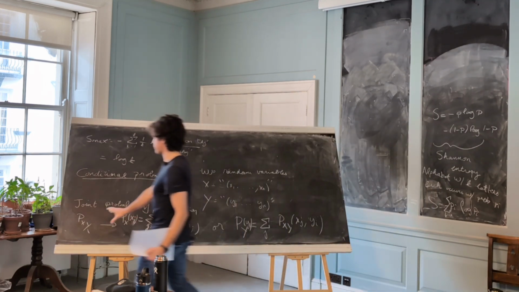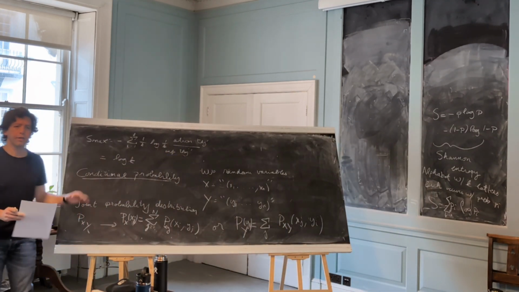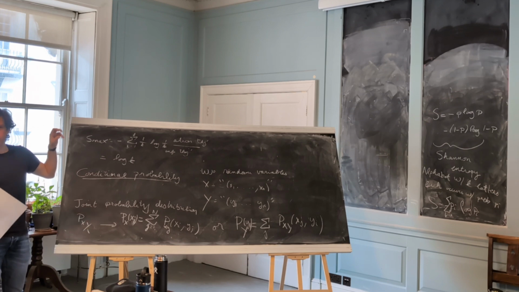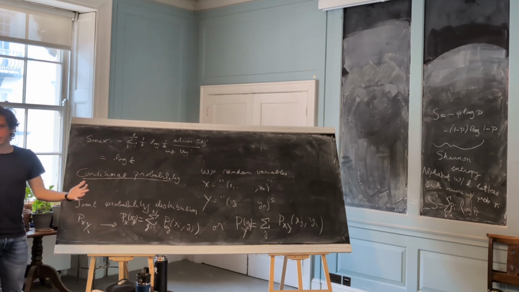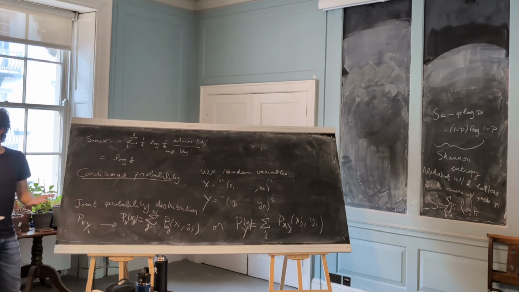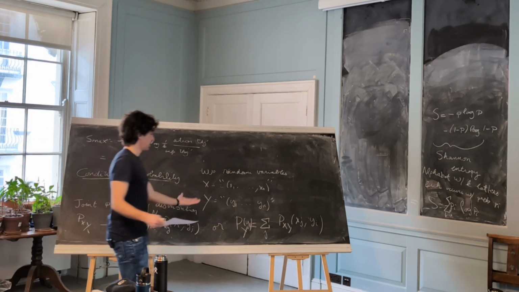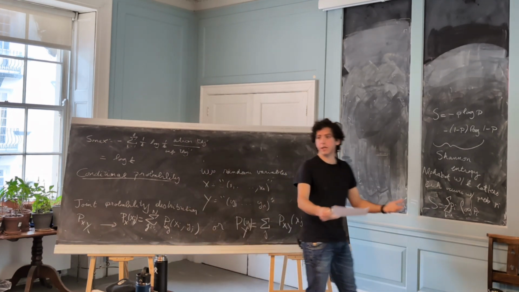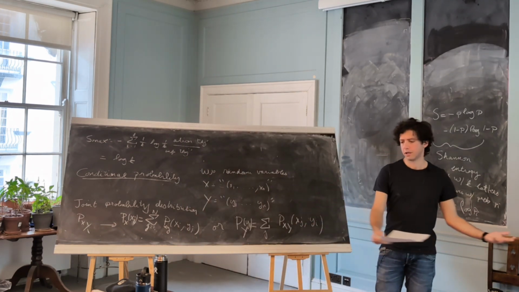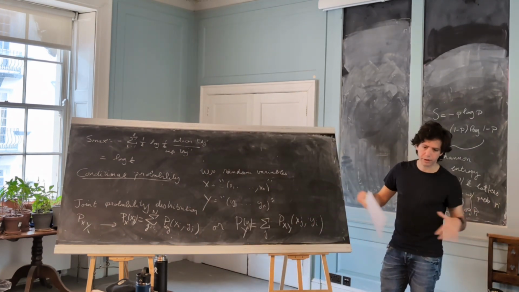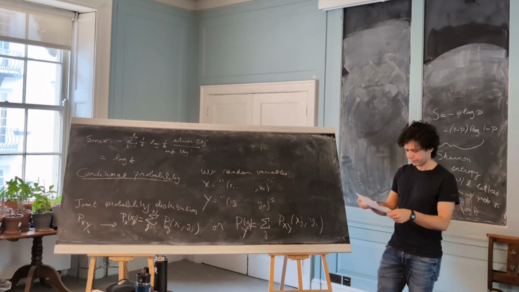So I have a joint probability distribution on both X and Y, and I can integrate over Y or over X and produce a probability distribution on just X or just Y. Standard thing that you do in probability. When you have a probability distribution, you can integrate over something that you're not interested in and generate a probability distribution on the degrees of freedom that you do care about. Okay?